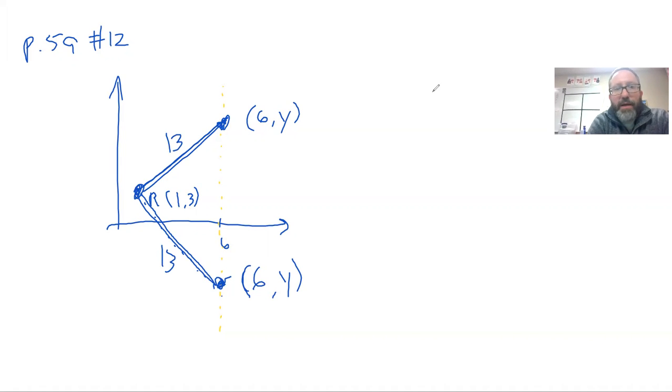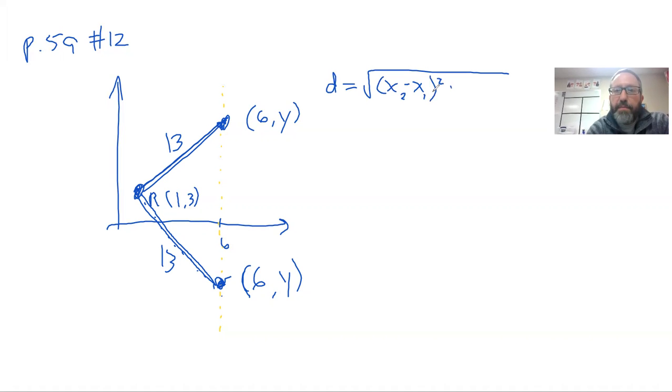So the algebra will find these two different points for us, and it's going to help us by going through the distance formula. So you don't have to set up two different equations, but you do need to use the correct formula. And so the distance formula is the square root of (x2 minus x1) squared plus (y2 minus y1) squared, all inside that radical.